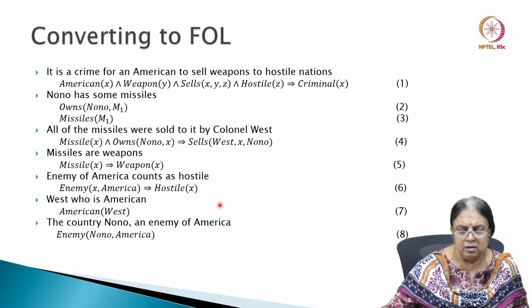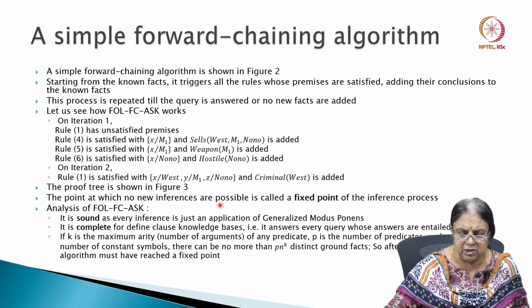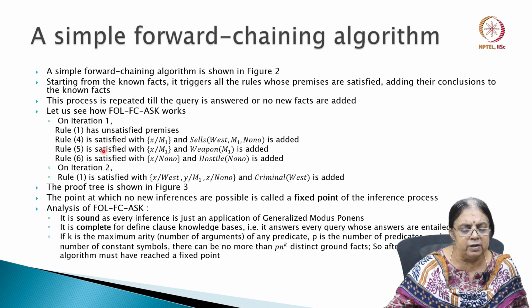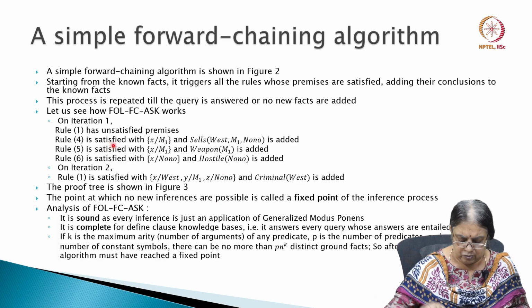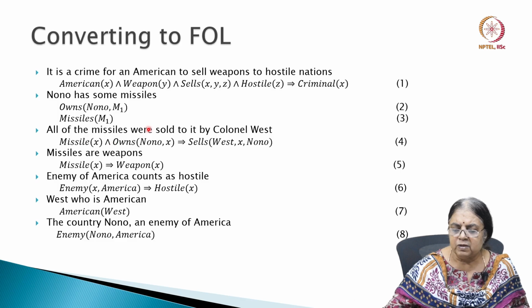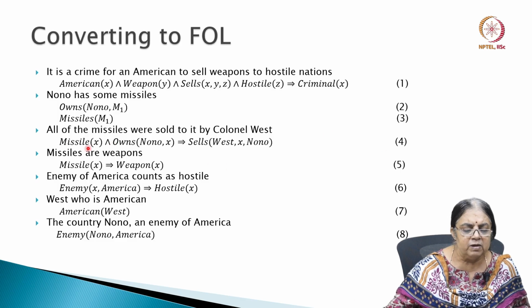So here in this particular case, suppose we take rule 4. Rule 4 is Missile(X) and Owns(Nono, X) implies Sells(West, X, Nono). Here for X we can substitute M1, and Owns(Nono, M1).